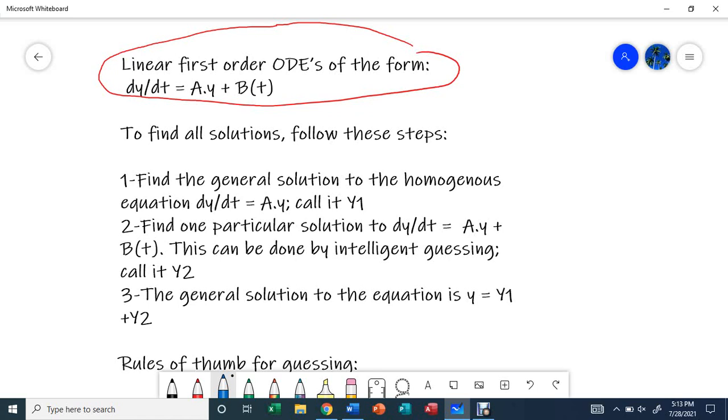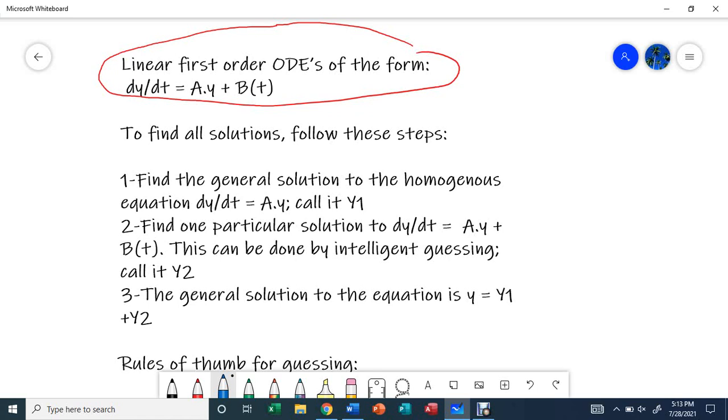The first step, you need to find the general solution to the homogeneous equation dy over dt equals a times y. You can name this solution y1. Step number 2, find one particular solution to dy over dt equals a times y plus b(t).